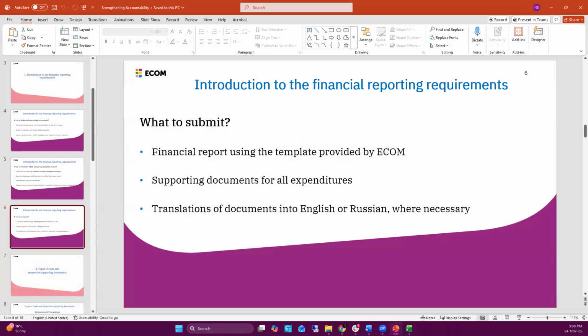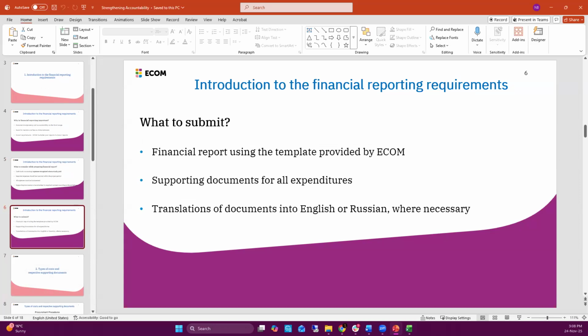What do you need to submit? For each reporting period, you must submit the financial report using the template provided by ECOM. You should not modify the reporting structure. You should not modify or change any formulas which you will find in the form, or change any of the categories.